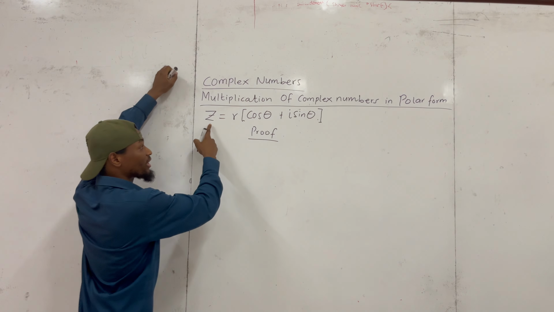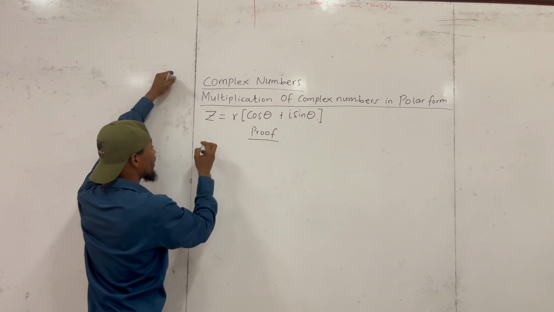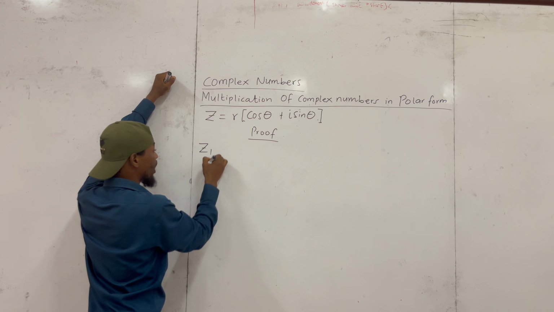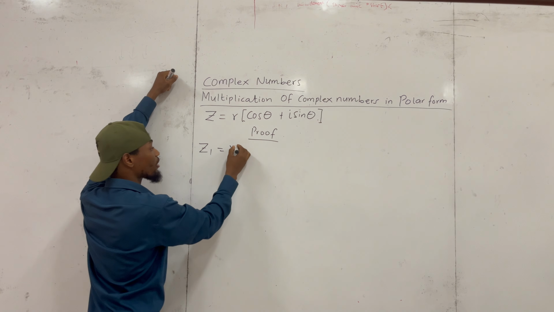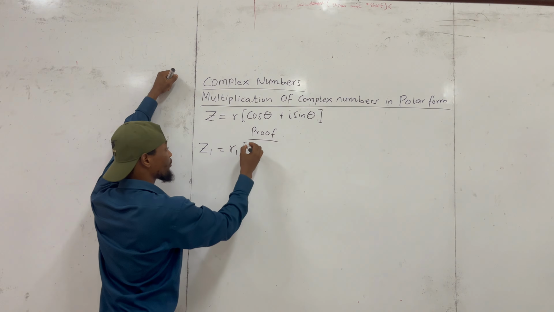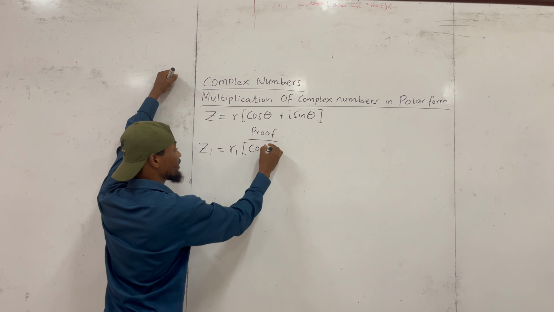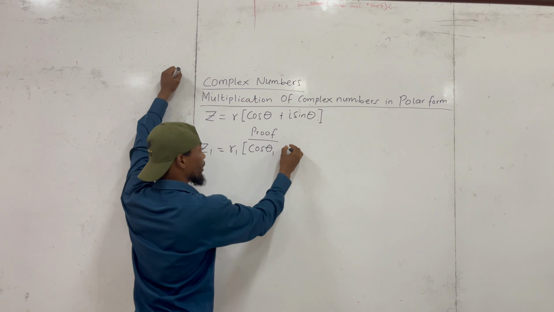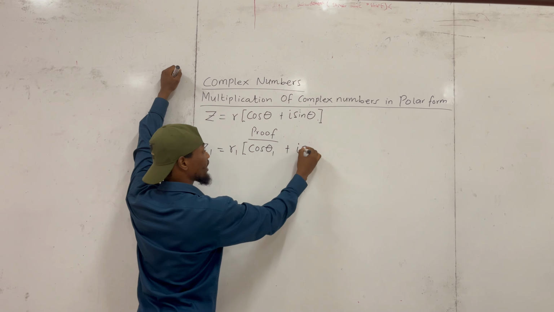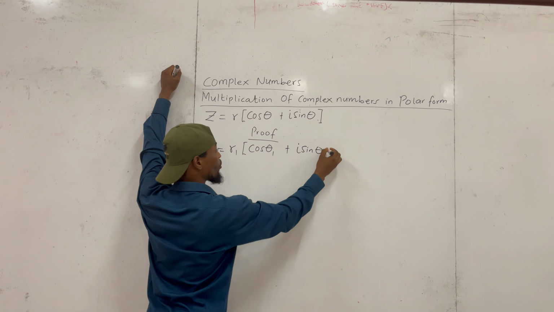Let's say z1 is equal to r1 times cos theta 1 plus i sine theta 1.